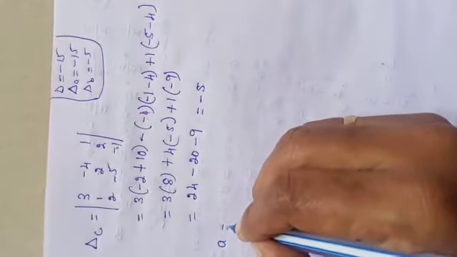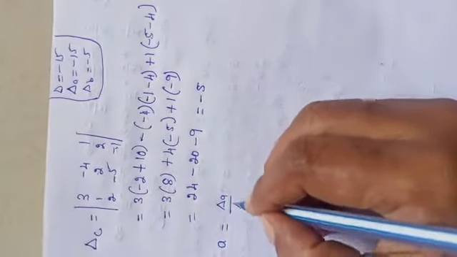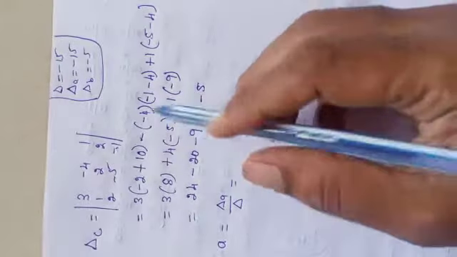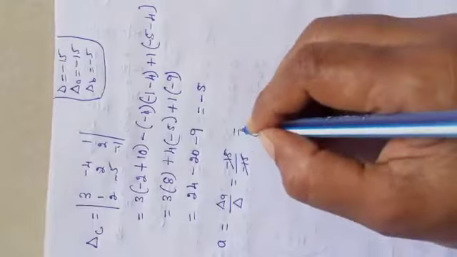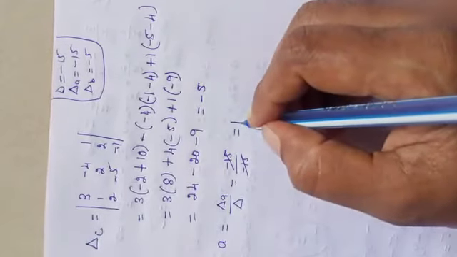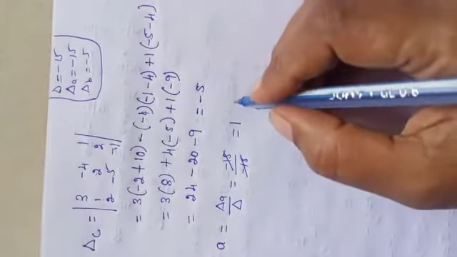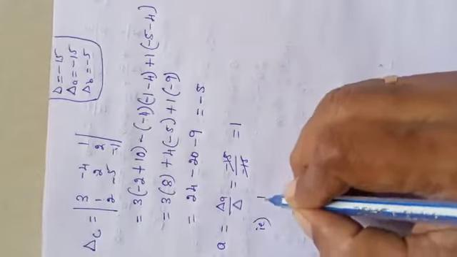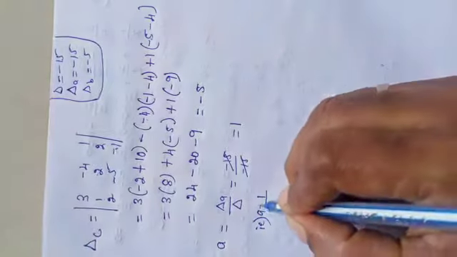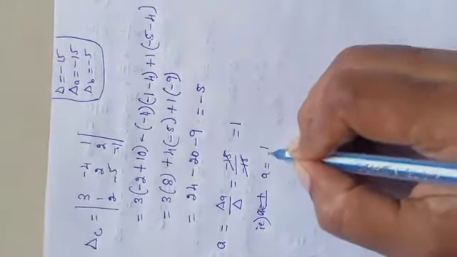So now I am writing A is equal to delta A by delta. Delta A we have got, minus 15 by minus 15, which is equal to 1. Isn't it? Shall we write it here? See, that is 1 by x. So A is equal to 1 by x.